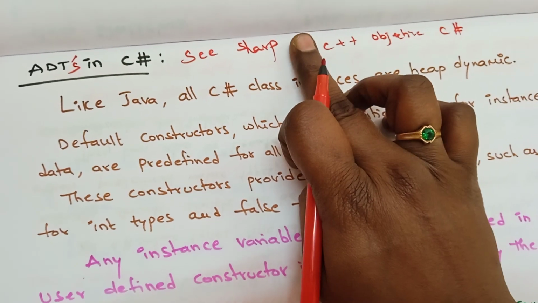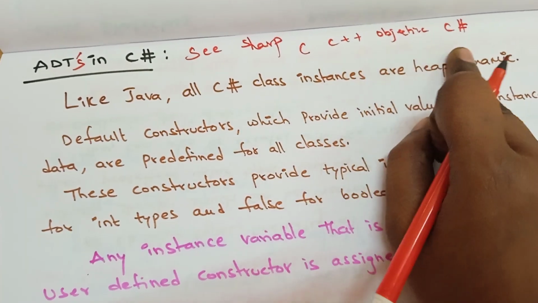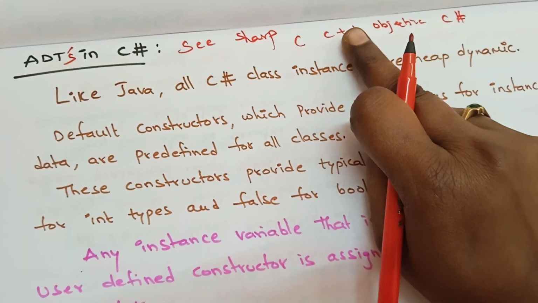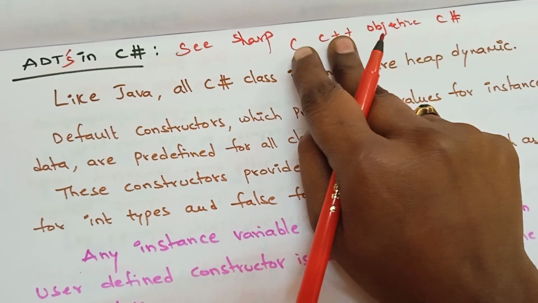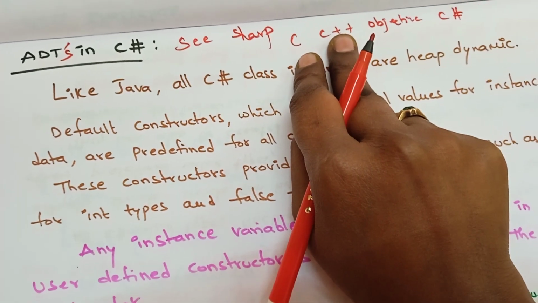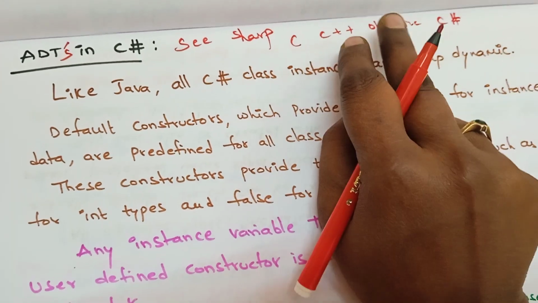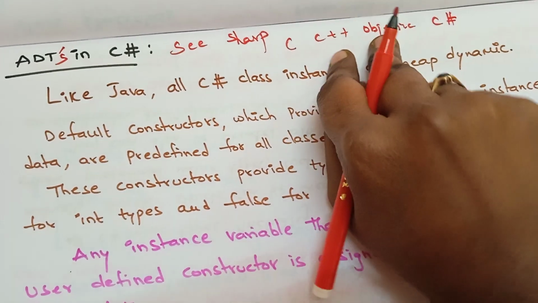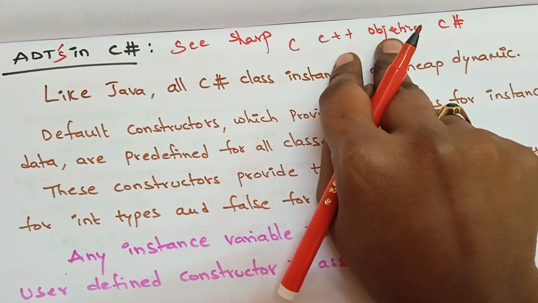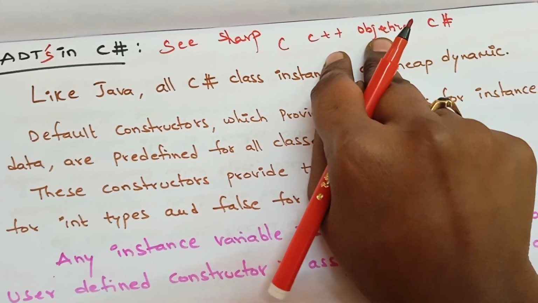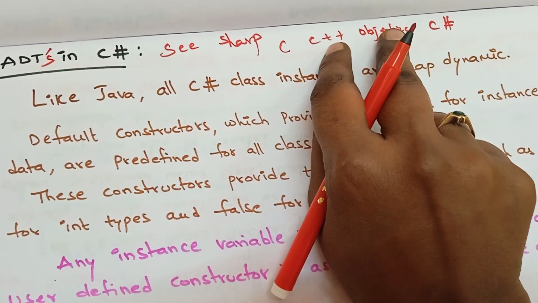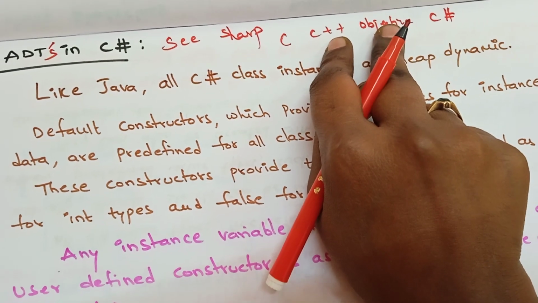C sharp is completely different from these three languages, although C++ and C sharp have similar syntax in many things. C++ and Objective-C are object-oriented programming languages, but the syntactical structure of these two is very different.